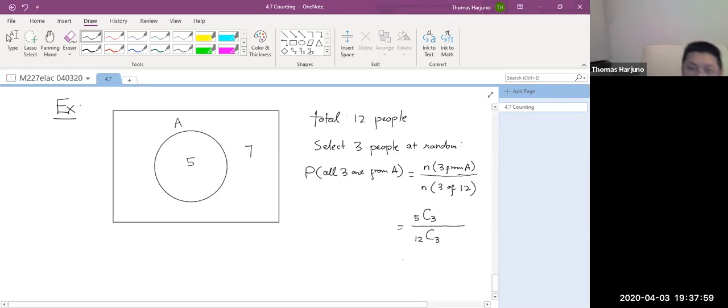Now, 5 combination 3 is 10, I believe. And then 12 combination 3 is 220. Which if I reduce, I get 1 over 22.